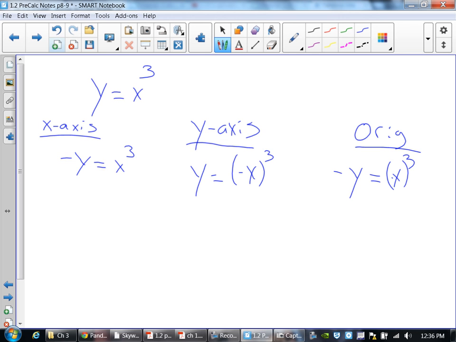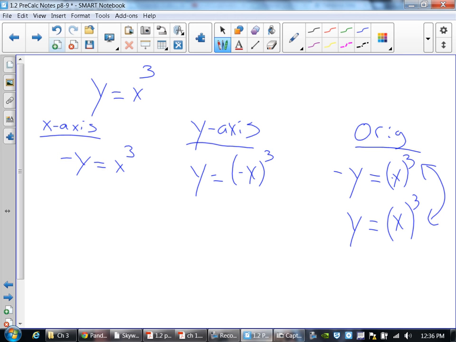Is it the exact same thing? What happens here is that no matter what, wait, is there an inverse? Yeah, in the x, sorry.